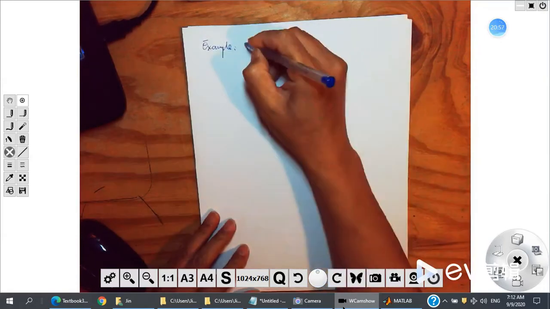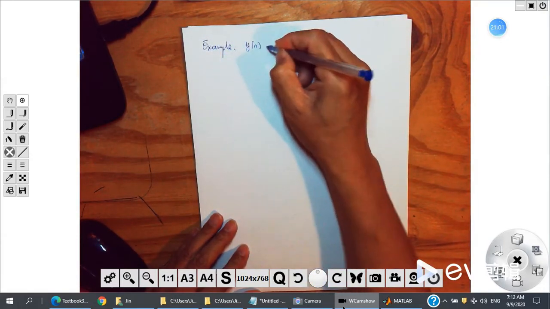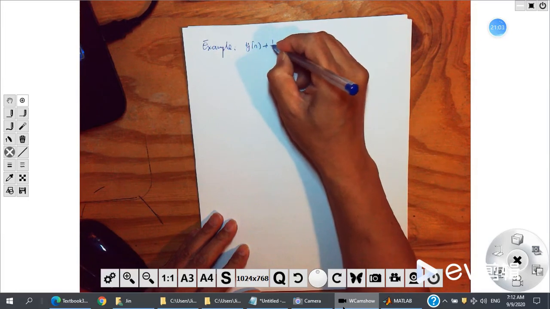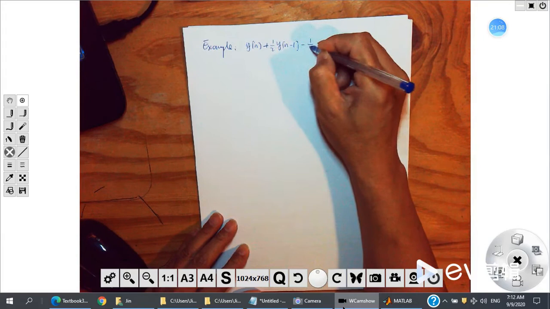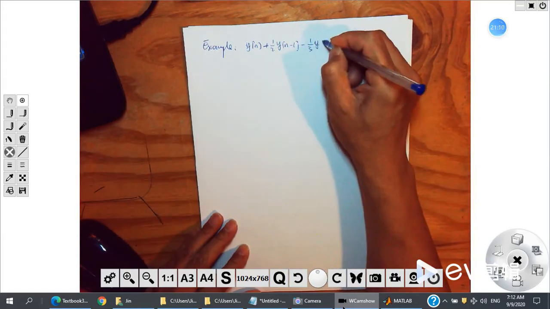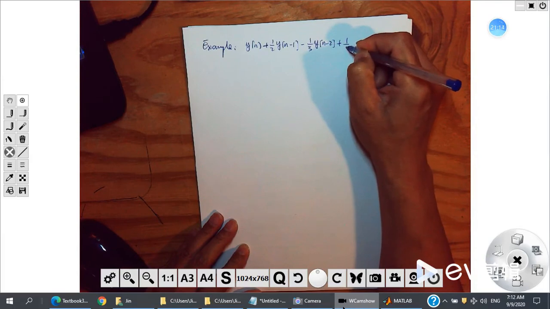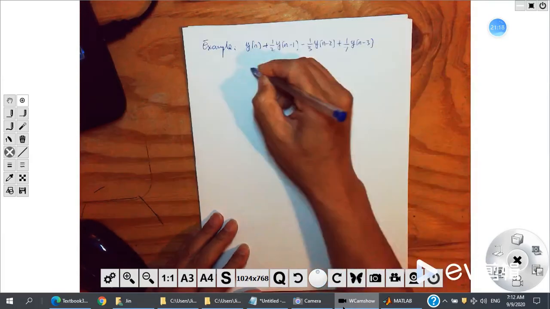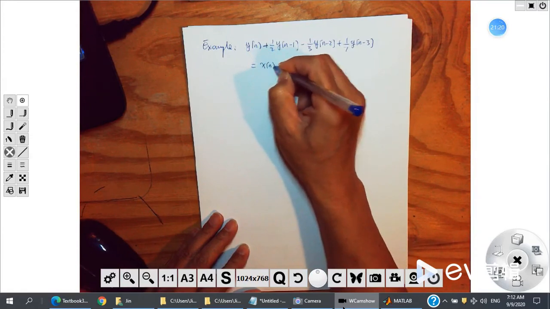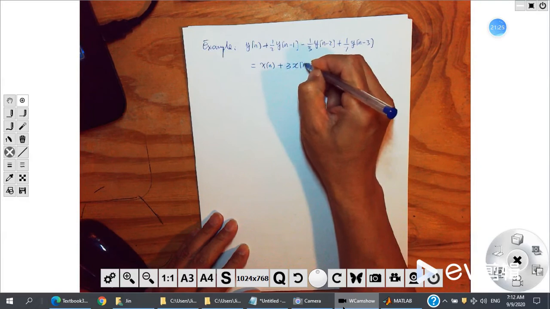I have a system with a difference equation like y of n plus 1/2 y of n minus 1 minus 1/3 y of n minus 2 plus 1/7 y of n minus 3 equal to x of n plus 3 x of n minus 2.